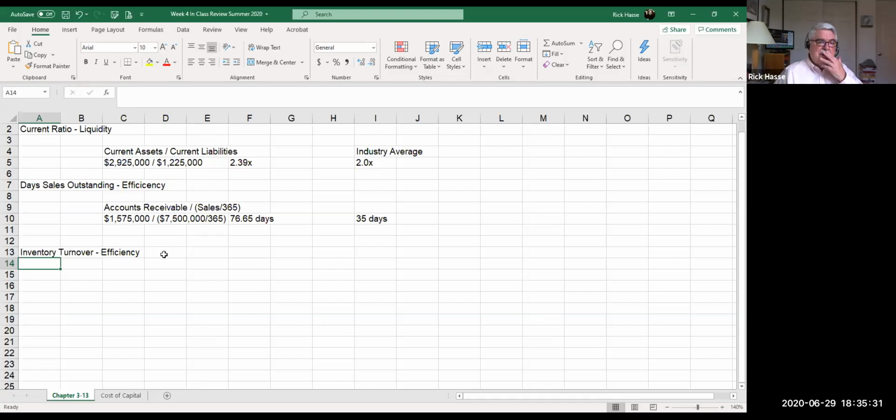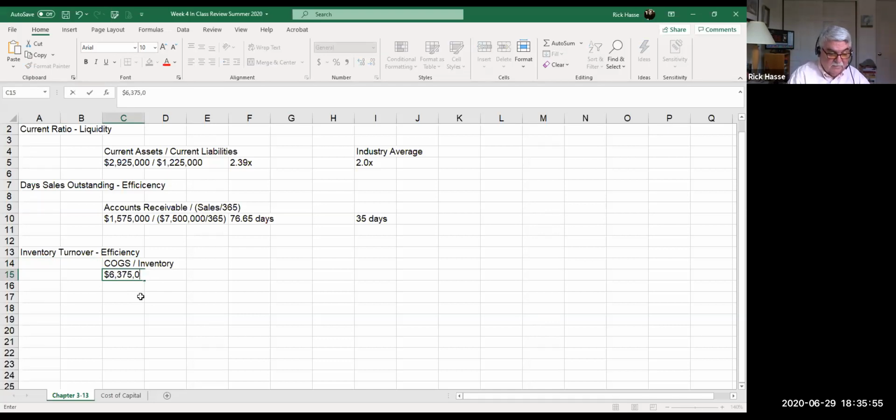So inventory turnover is an important figure, and what it is, it's the cost of goods sold of a company from the income statement, the cost of goods sold divided by the inventory of the company. So in the case of this problem, our cost of goods sold for the current year was $6,375,000. That's taken right off the income statement.